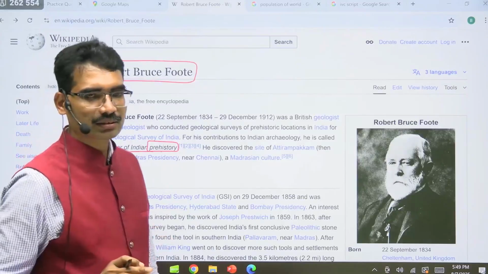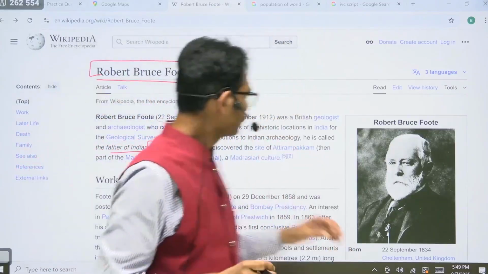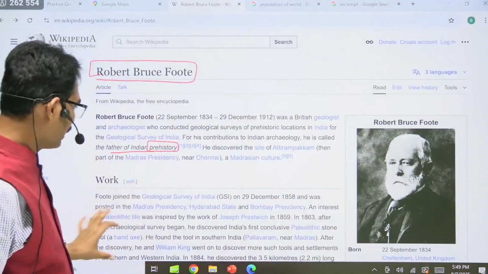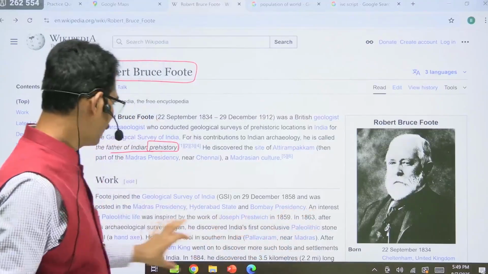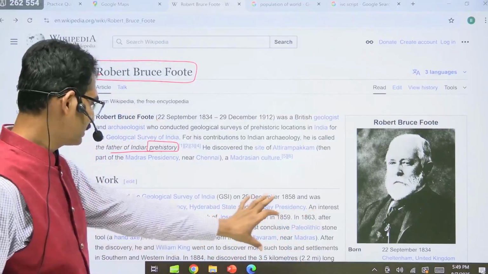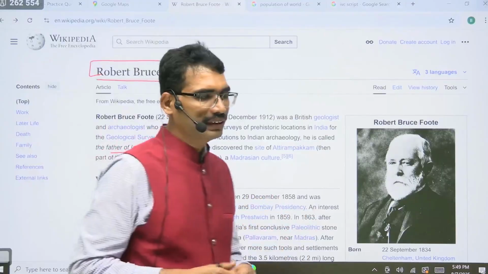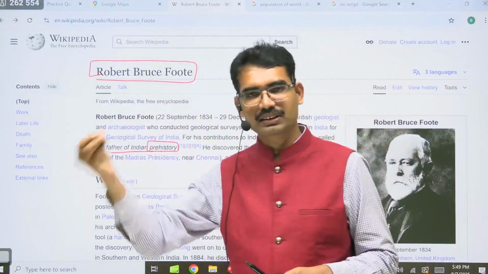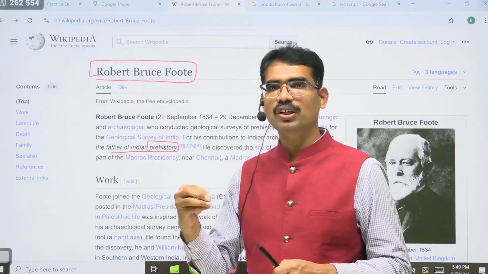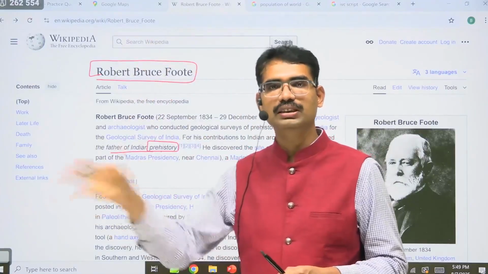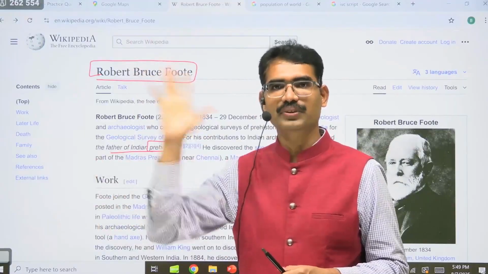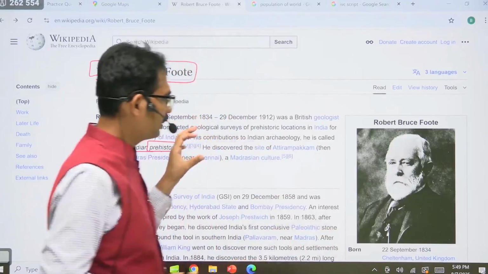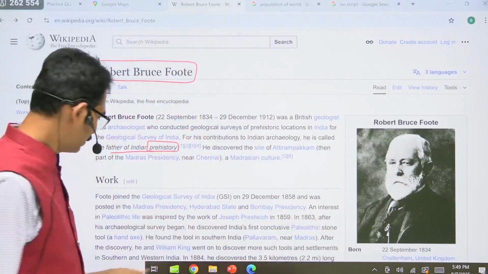In the 1850s, and 1863, near Madras, he identified some tools which were made by our ancestors long ago. Long ago means not 1000, 2000 or 3000 years ago, but lakhs of years ago. That's why he is considered the father of Indian prehistory.